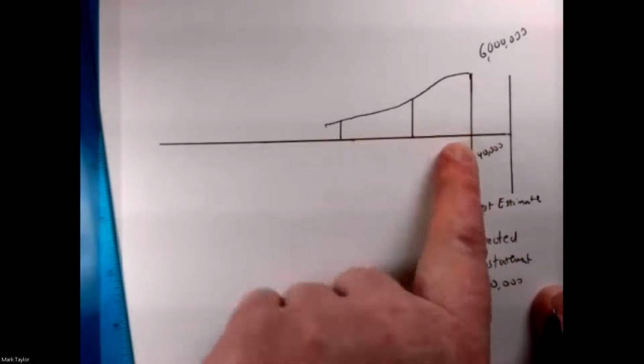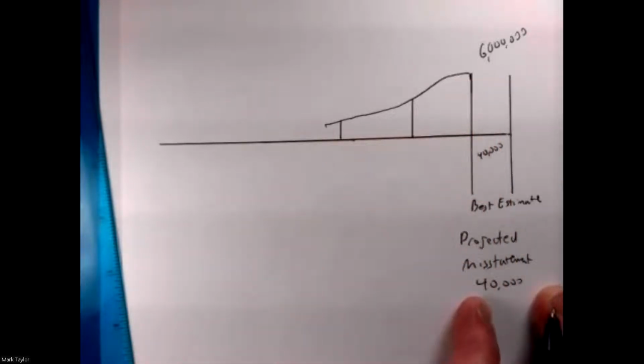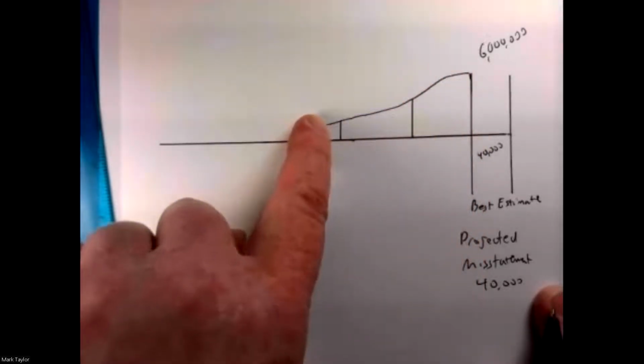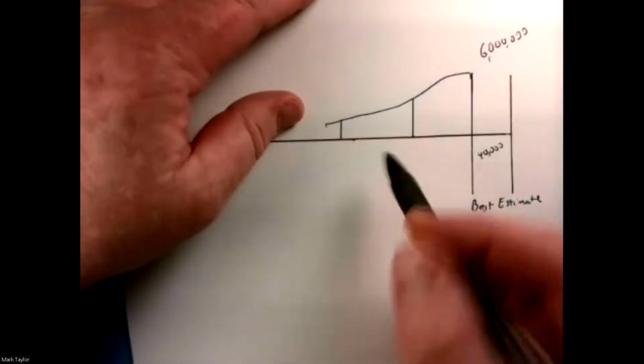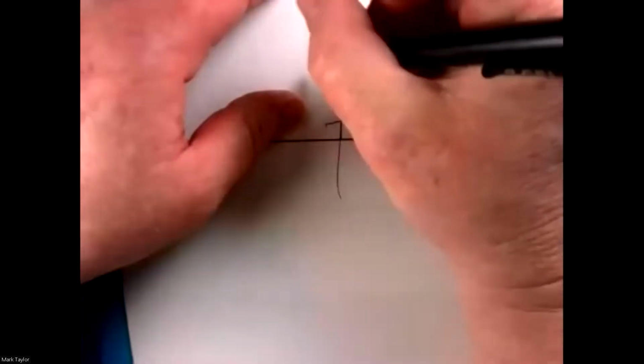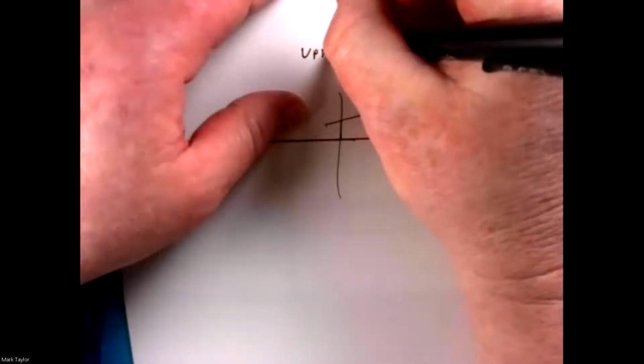We're not 100% sure that it's 40,000. Because it's a sample, it could be off by more than that. And that's what we have to be careful about, because we have to see how much total could be out by. This is what's known as the upper limit.